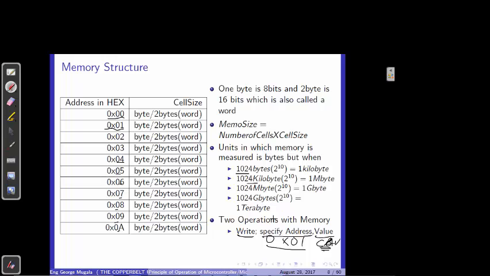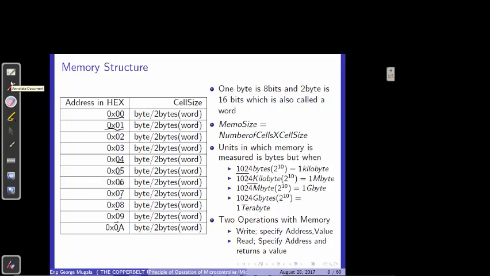So we can do the write operation, and we can also do the read operation. What are we doing in terms of reading?